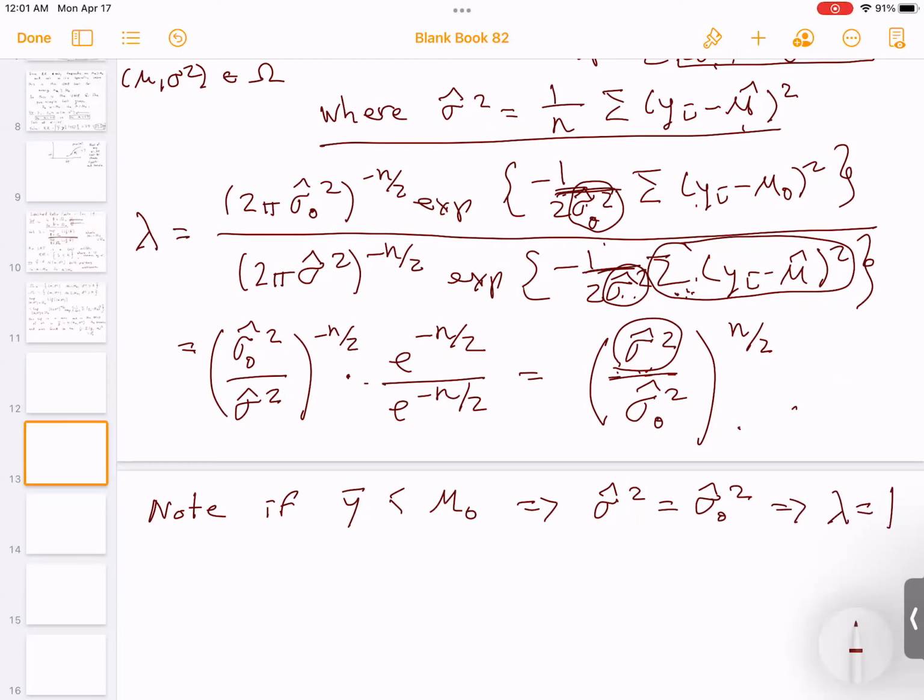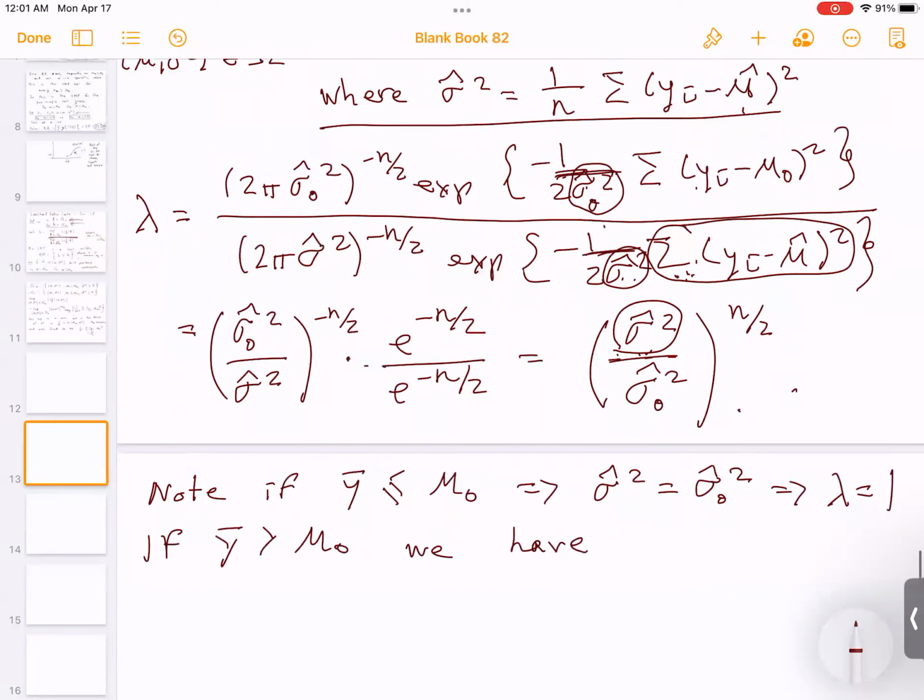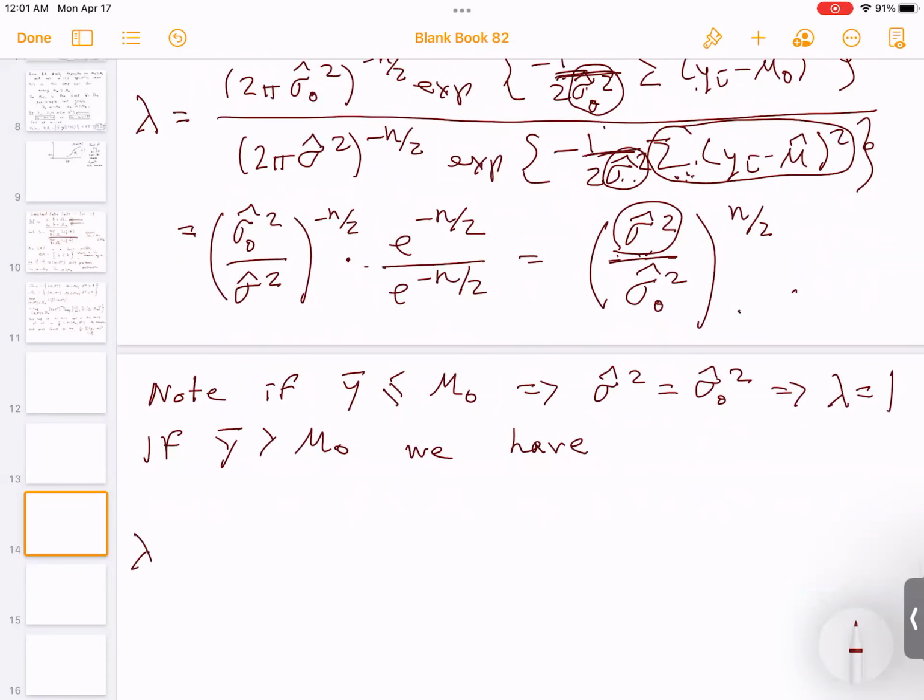Okay, so to do the other case, we need to compute lambda for the other case. So if y bar is greater than mu 0, we have lambda equals sigma hat squared over sigma 0 squared, right?